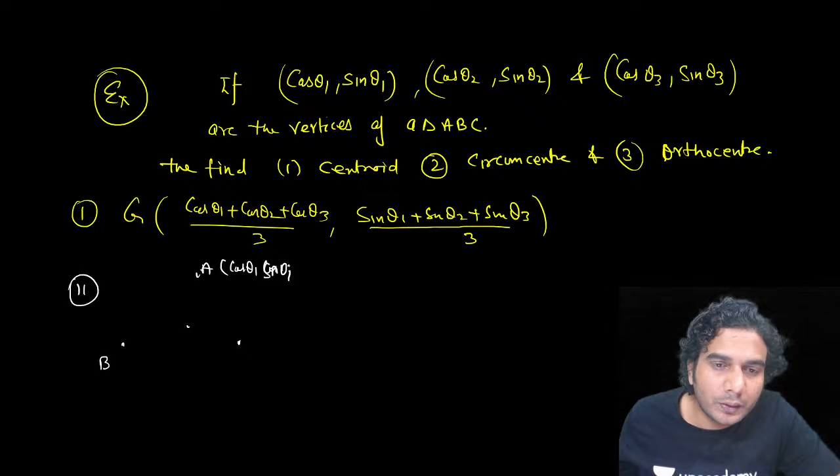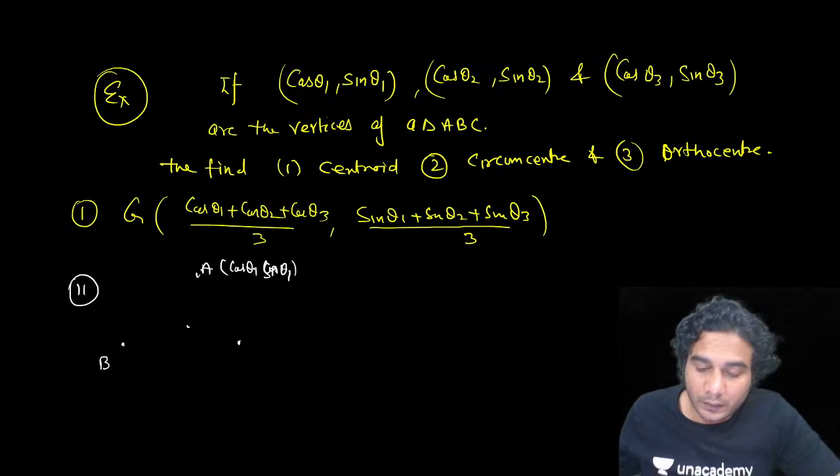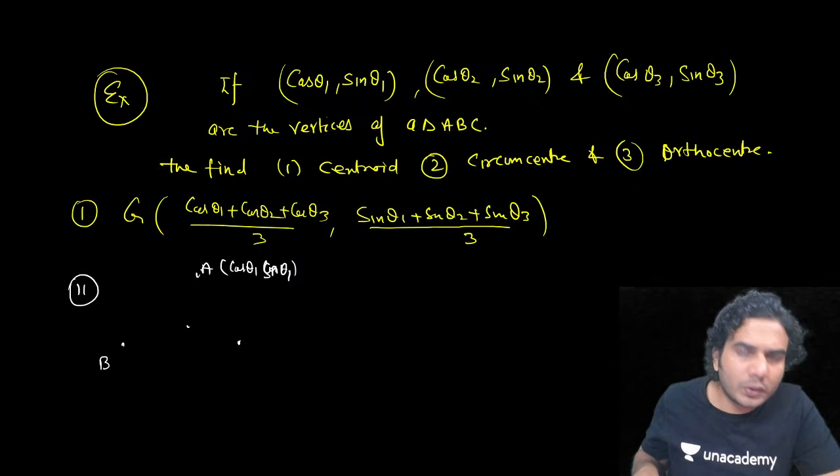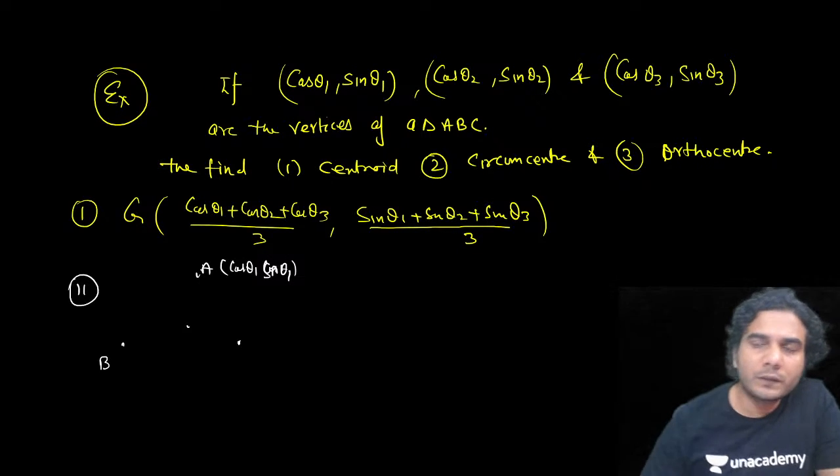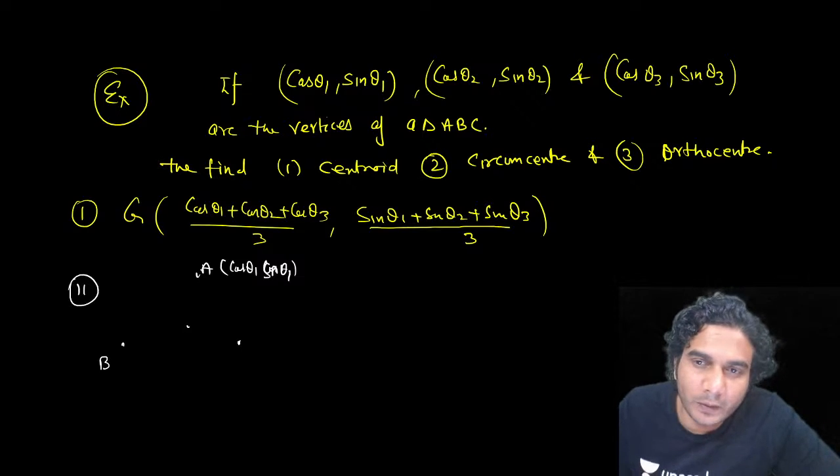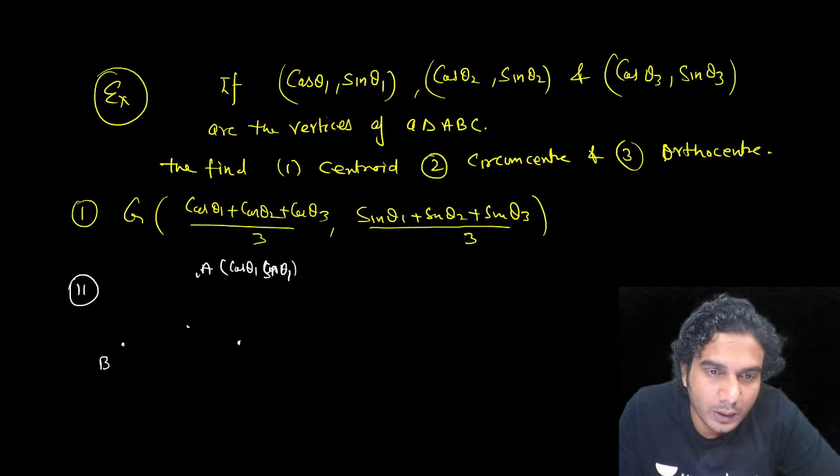This is an observation for now, but once you have done circles then it will be a very obvious point for you. The distance of A from origin is basically 1, because the distance of (cos theta, sin theta) from origin is under root of cos square plus sin square, which is nothing but 1.